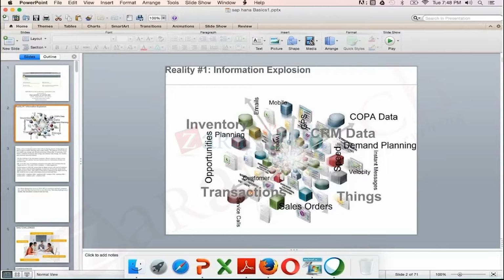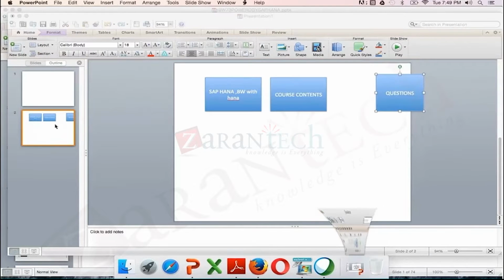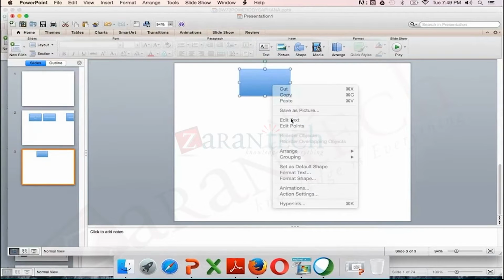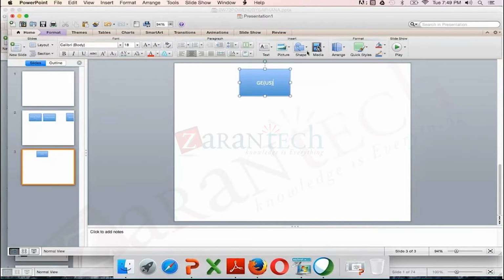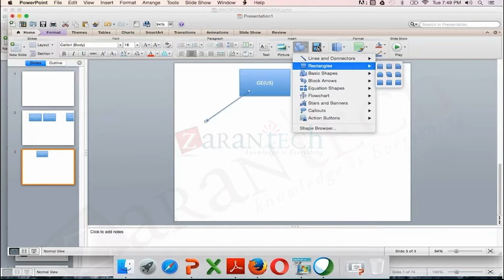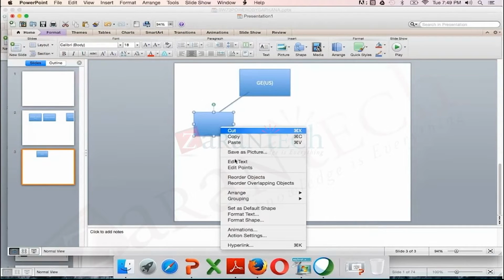What is information explosion? As a result of globalization, companies and enterprises started operations across the globe. For example, GE as a company has headquarters in the US, and they have branches in North America, in various other states of the US, then Canada, Mexico.